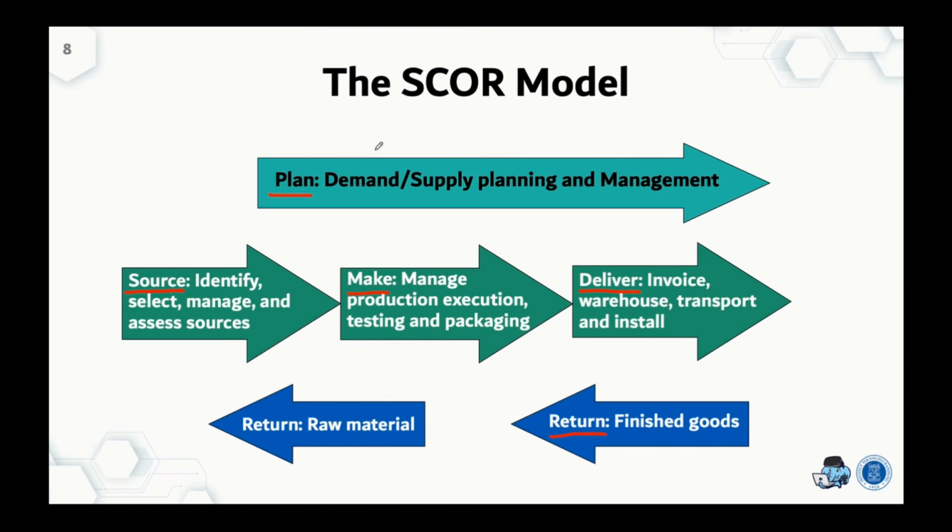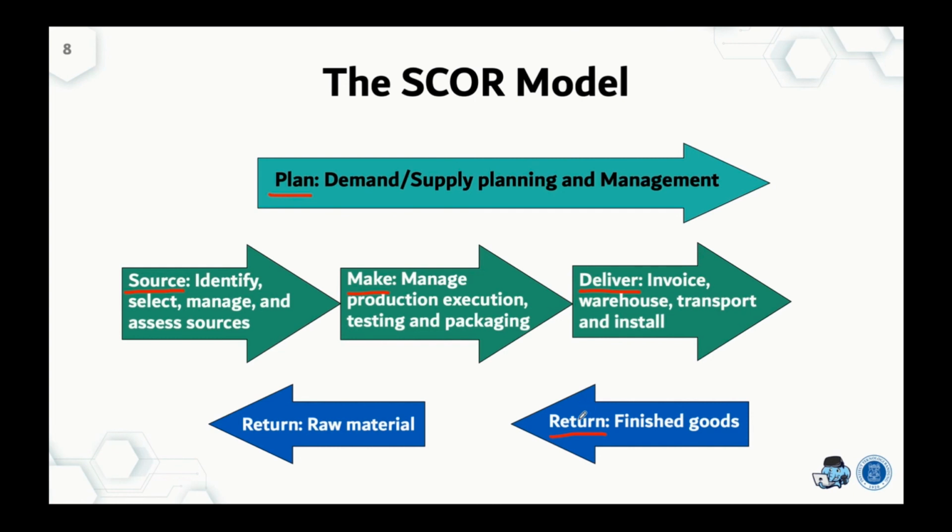So the SCOR model basically consists of planning of the demand and supply; sourcing, which is to identify, select, manage the assets, and assess the sources, the suppliers in this case; make, how we manage production execution, testing, packaging, ready for shipping; and delivery, that consists of warehousing, invoicing, transportation, and also final assembly or installation at the customer.